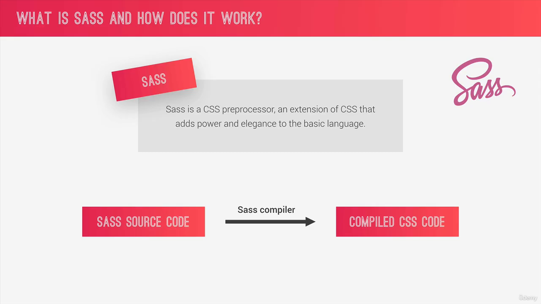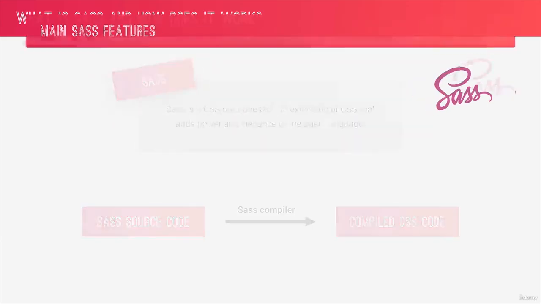So our website has no idea that the code we wrote in the beginning was in Sass, because it only ever sees the final output of the compiler, in the form of CSS, of course. Okay? Does it make sense? Now there are actually other CSS preprocessors like Less or Stylus, but Sass is the most popular one, which is why I chose it for this course.